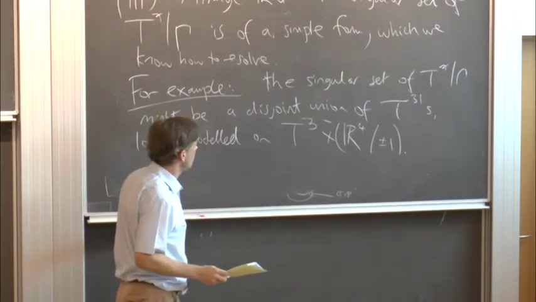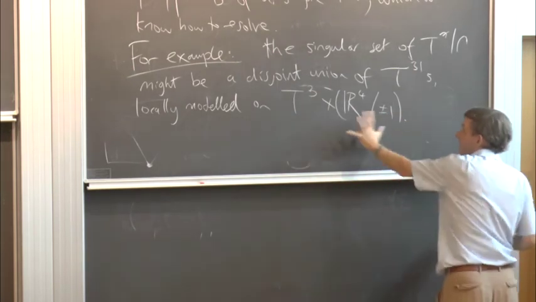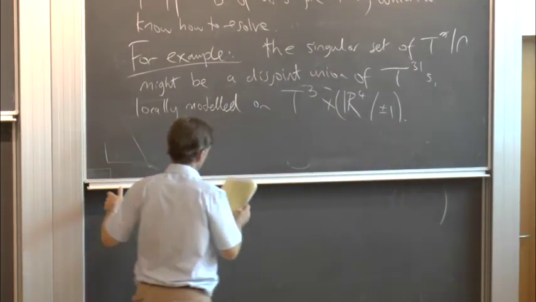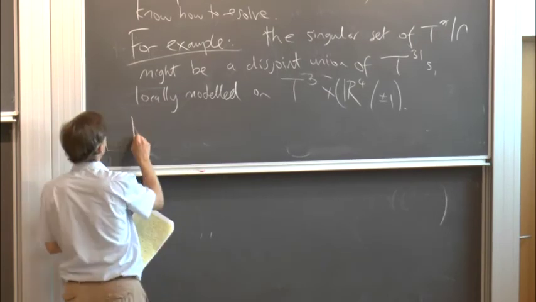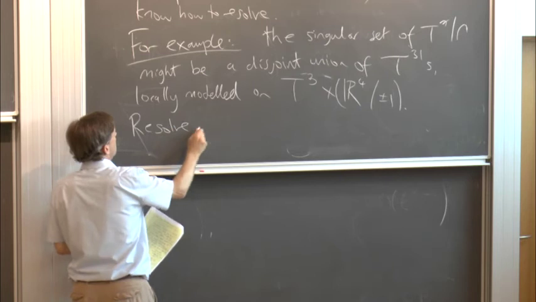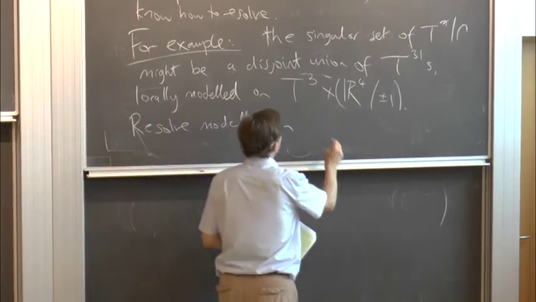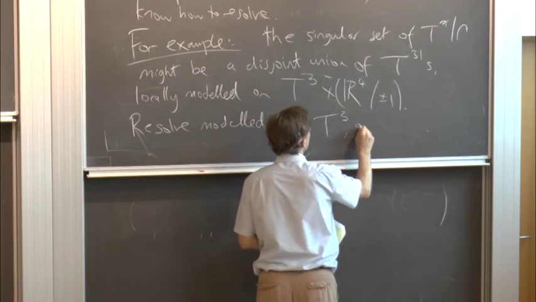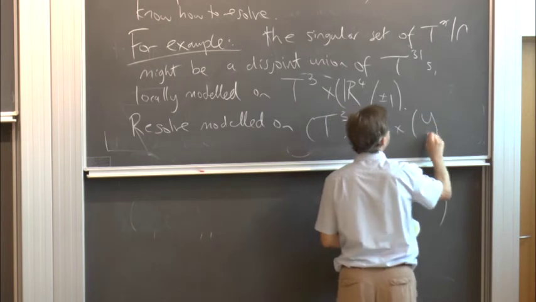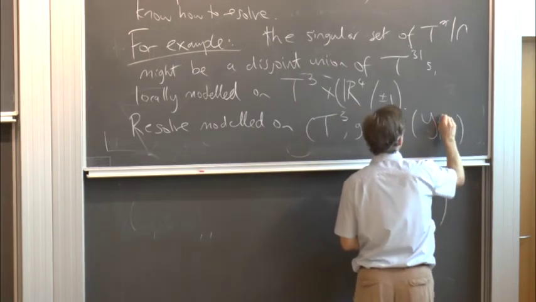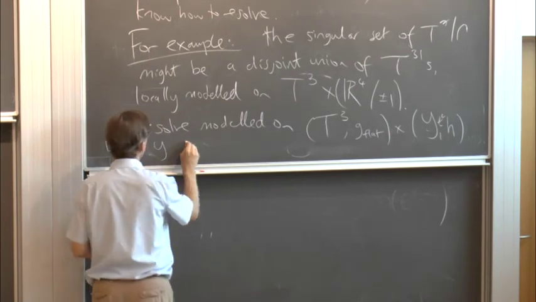Okay, so that would be a 7 orbifold which we actually know how to resolve, and then we can resolve it modelled on T3 with a flat G cross Y, or indeed T3 cross Y, where Y is this, did I say it was called the Eguchi-Hanson space?